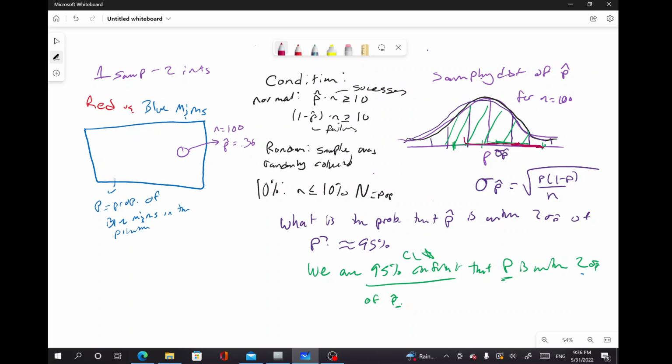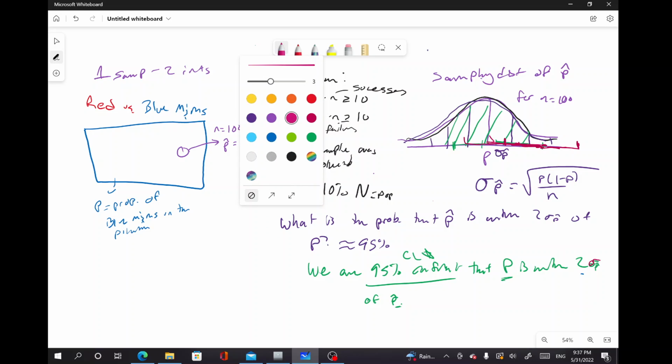So we're saying that if it's outside, then there's going to be a 95% chance that this covers this, which is what we want. So we're solving for this unknown now. But we still can't fully do this because we don't know what the standard deviation of p hat is, because we're working with p and we still don't know what p is.